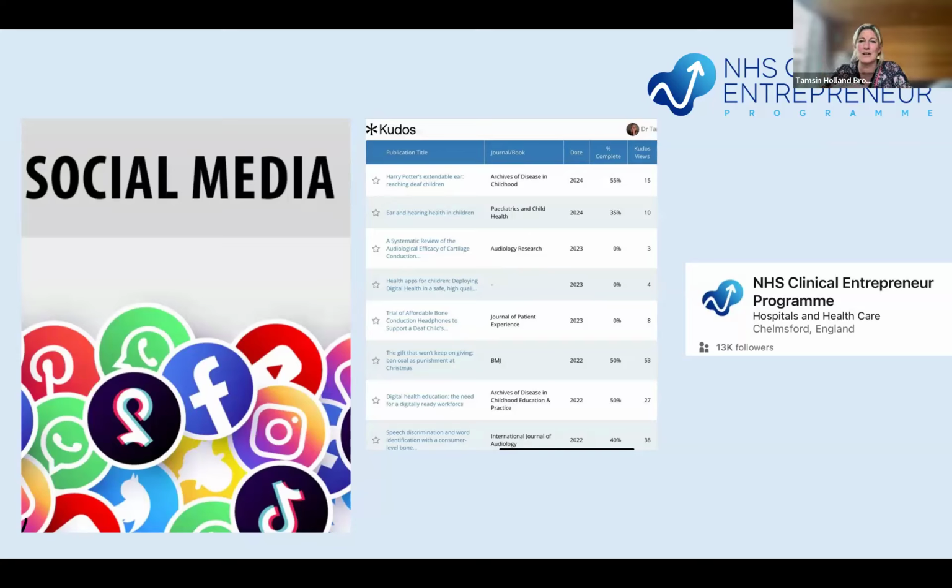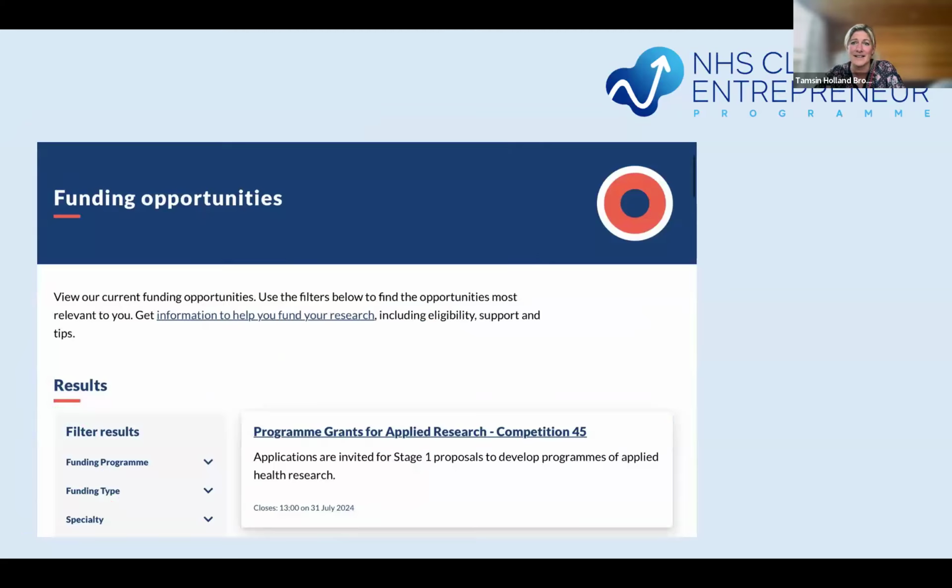So you'll generate all of those things. And in the Clinical Entrepreneur Program, when people come onto the program, we teach them how they want to come across on social media, how to use social media in a really positive way, and what you can do to improve your whole business plan around social media.